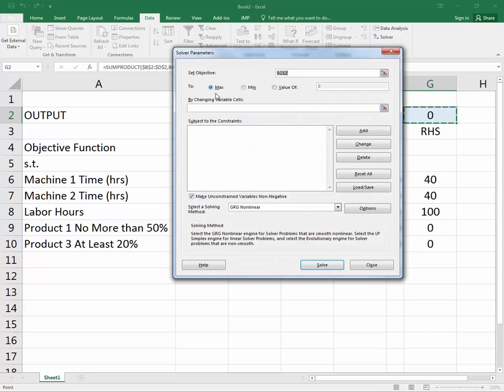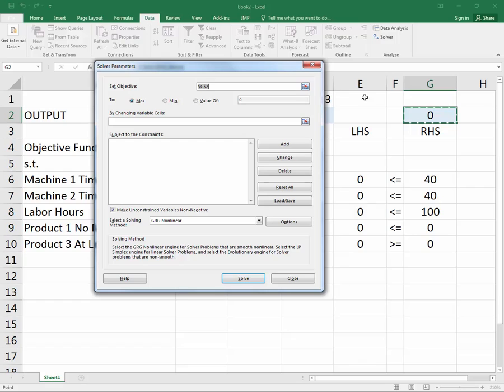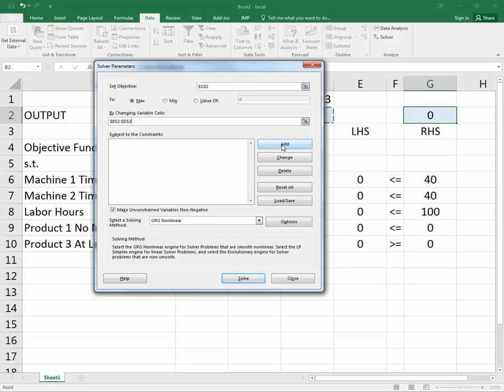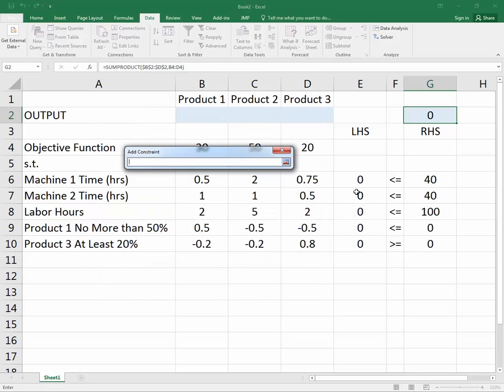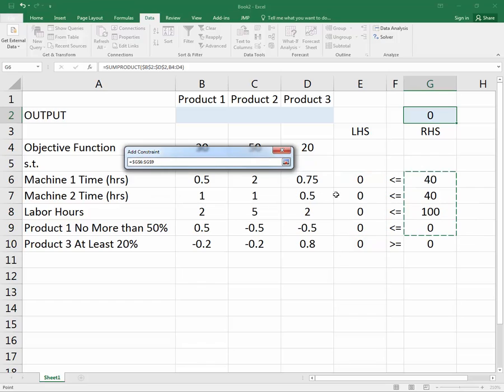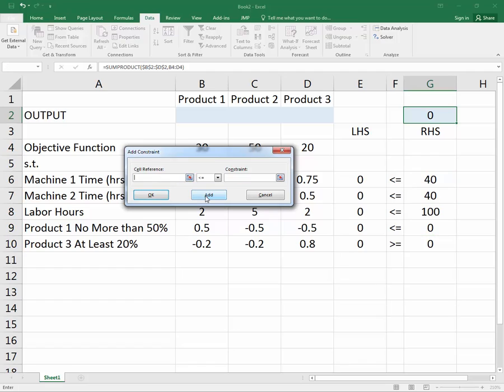We're maximizing profit, and notice I had cell G2 highlighted or selected when I went in, so it thinks that's what I should do, which is correct. By changing these 3 variables, subject to constraints, we have 4 less than or equal to constraints, so I can add them all in the same statement. And I click add, then I can add another constraint by doing that.